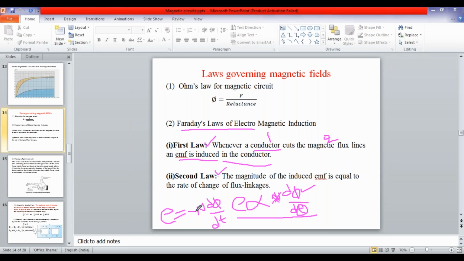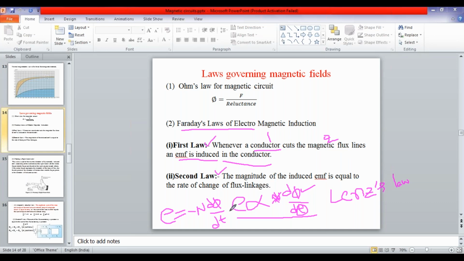So here the negative sign is due to Lenz's law. Lenz's law is based on Newton's third law. Newton's third law states that for every action there is an equal and opposite reaction. So here also Lenz's law says that for every effect there is a cause.